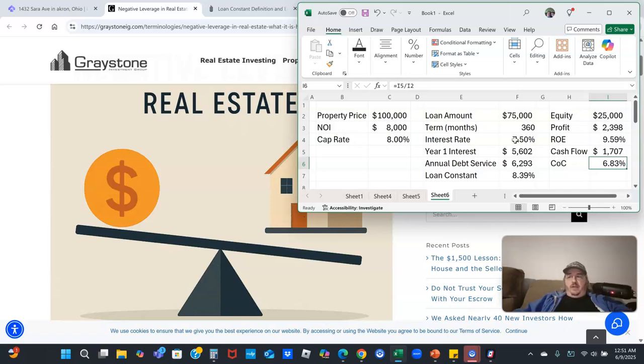You're actually making money, and the reason is that when we look at our cash on cash, the difference in these two numbers is just money that's paying down the mortgage, or paying down the debt. And so it is money that we're making. We're paying off our debt, so it's profit.